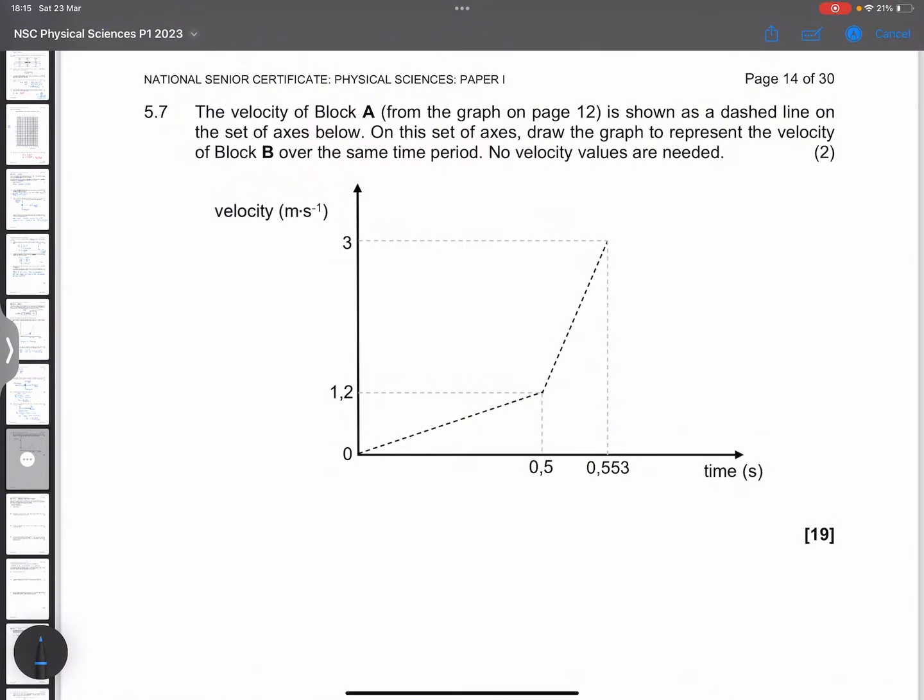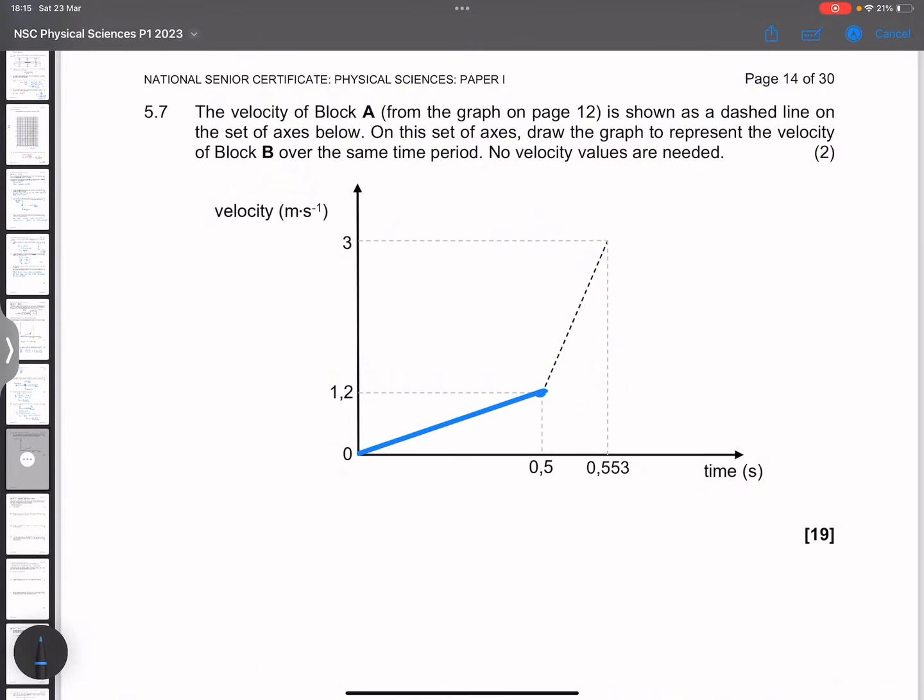They say on this set of axes, draw the graph to represent the velocity of block B over the same time period. No velocity values are needed. Now I want you to note what we are going to have for block B: you're going to have this happening up until we get to that 0.5 seconds. But what's going to happen to block B afterwards?